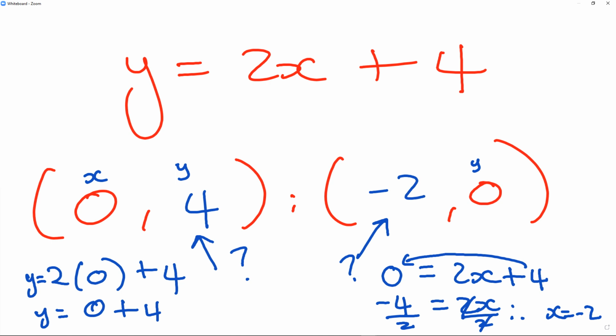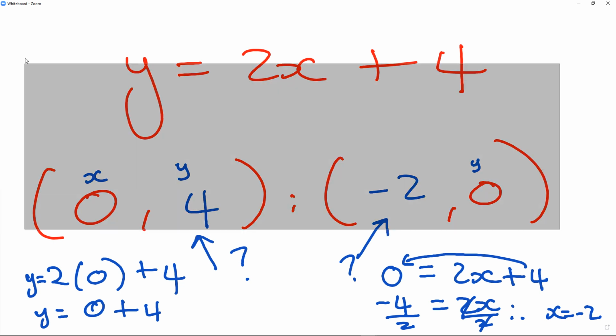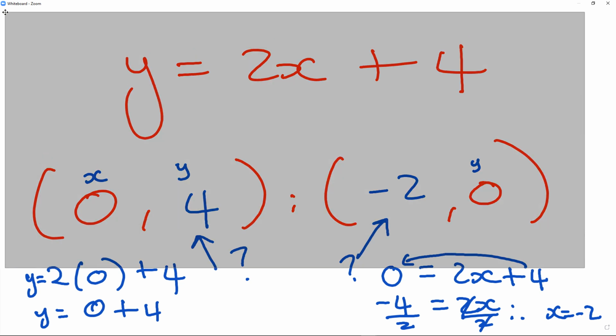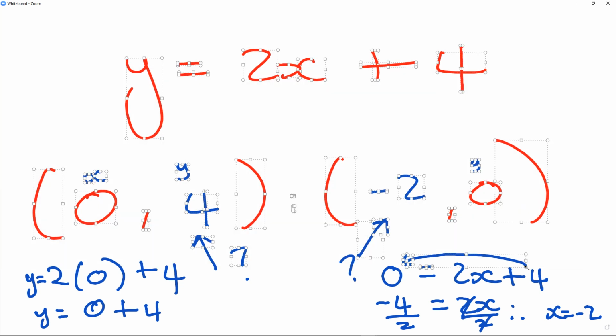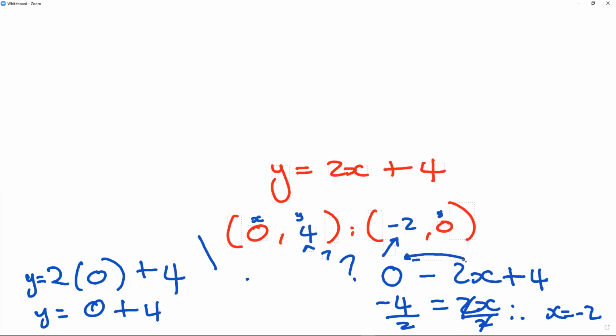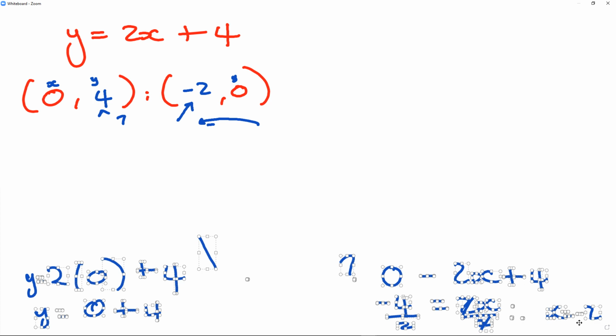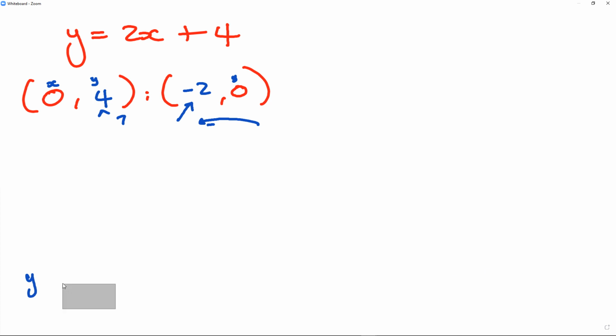All right. Now, once you have those two values, you are capable of drawing the graph. Okay? So that means you can draw this and you can sketch it by plotting 0, 4 and -2, 0.